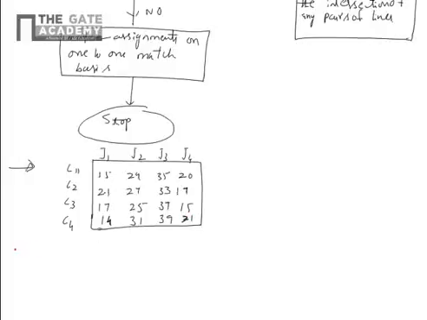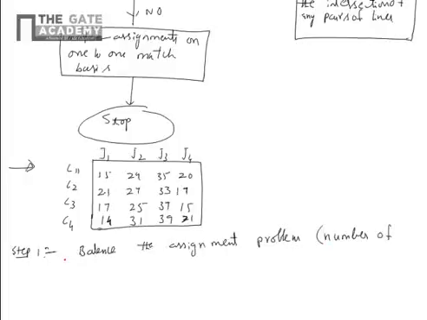So the first step is step 1. Check that the number of rows is equal to the number of columns. Balance the assignment problem, that is, the number of rows equal to the number of columns.